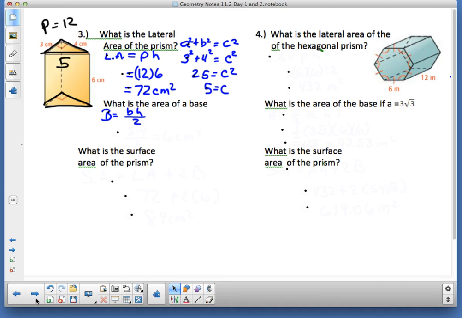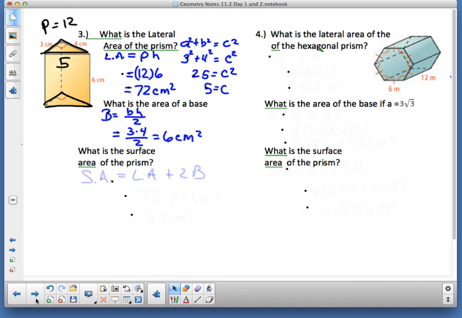What two numbers are perpendicular to each other in the triangle? The two numbers are 3 and 4. So base times height, 3 times 4 divided by 2, is actually 6. That is big B, the area of the base of this particular shape. Please note that big B changes because the base shape will change throughout our studies, and we have to know the appropriate base formula to put in.